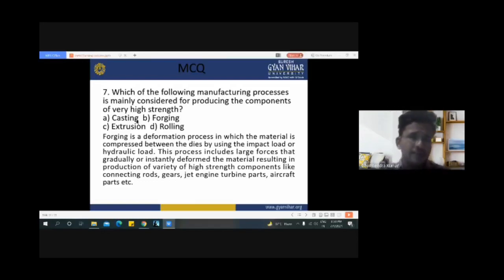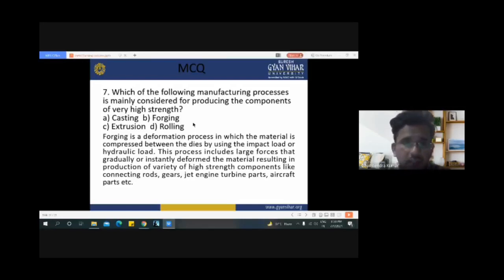In the rolling process, there are two, three, or four rolls, which transform materials into sheets. Apart from these three processes, only the forging process uses force, either mechanical or hydraulic. Thus, forging is a deformation process in which we produce material with very high strength.